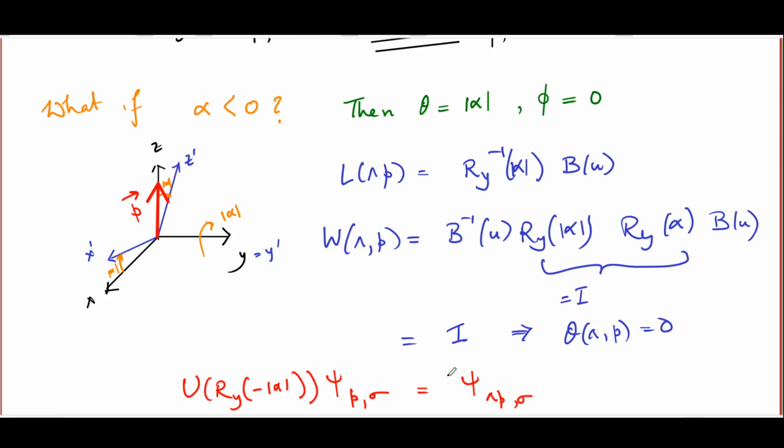Just think about it a bit and you will find that there is nothing really very unusual going on here. It's just a matter of the way in which we chose our original coordinate system and as a consequence chose the states that we considered to be psi p sigma.